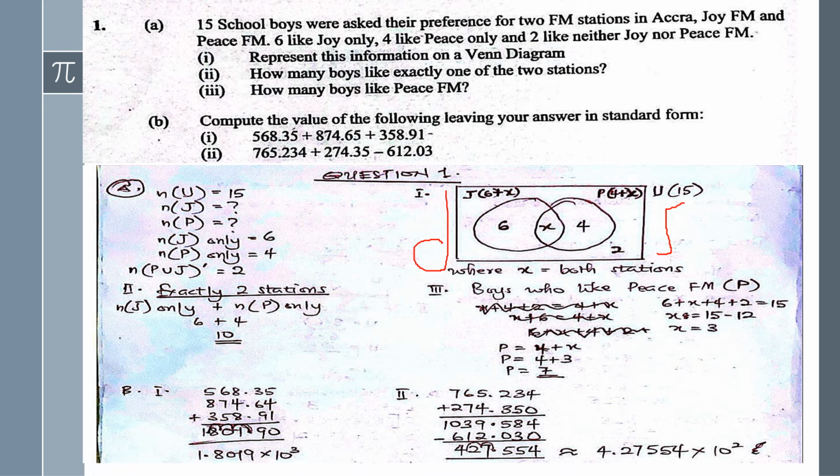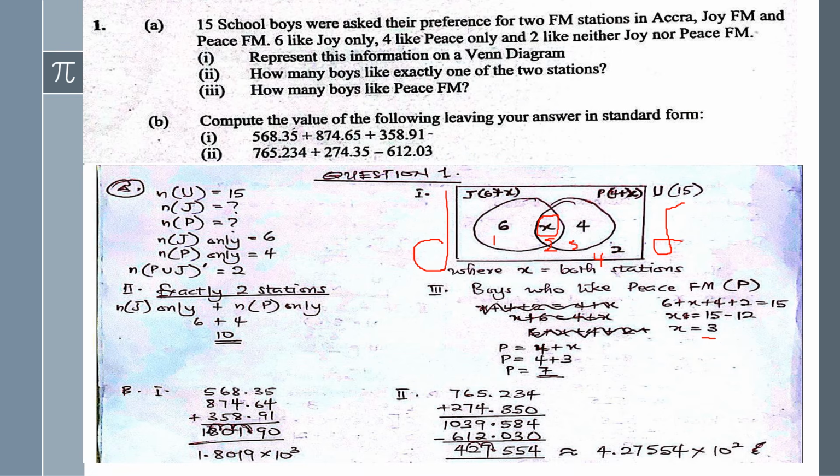This is the Venn diagram to represent the information. Note that X represents both, those who like both Joy and Peace. So we are going to find the value of X by summing up region 1, region 2, region 3 and region 4 to be equal to the universal set, and we make X the subject, and X will be equal to 3.